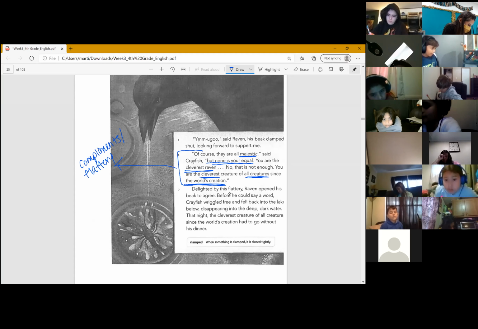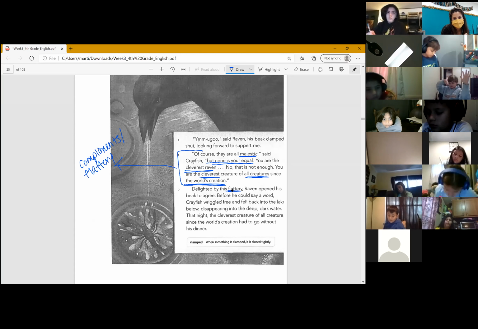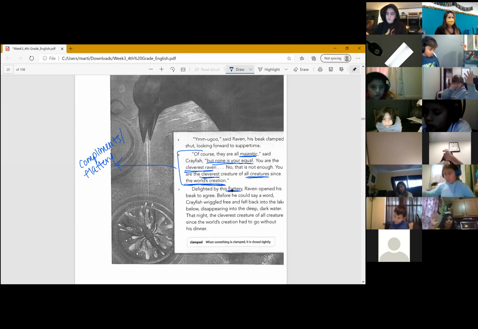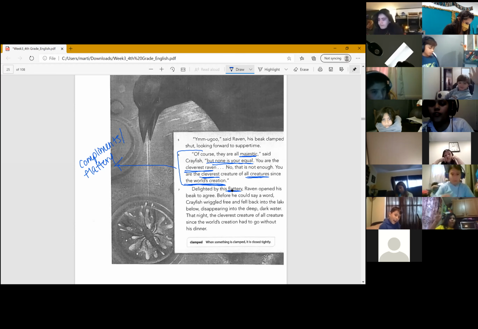Delighted by this flattery, Raven opened his beak to agree. What do y'all think happens? What do you think is going to happen when she opens her beak? Drop the crayfish, right? It's going to fall.